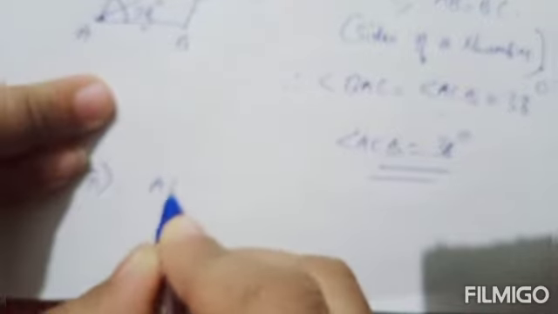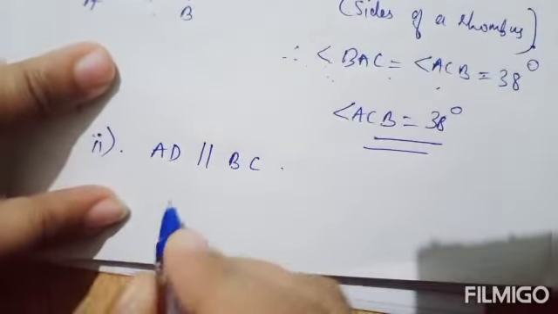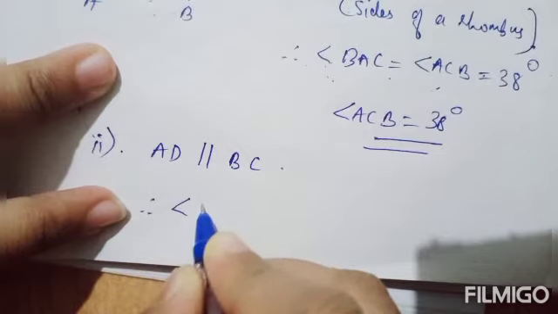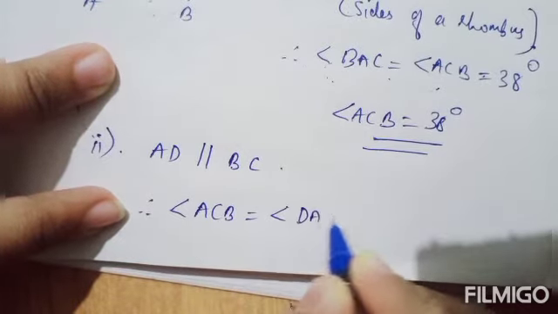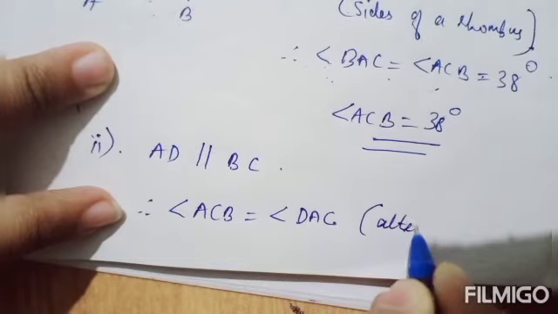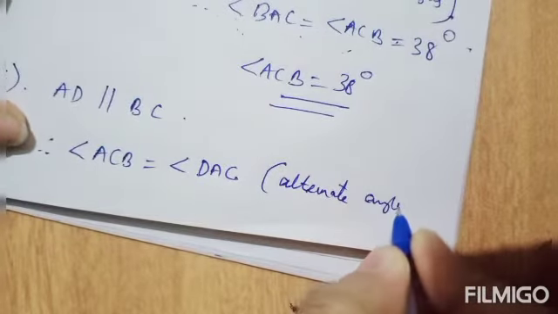Since AD is parallel to BC in a rhombus, therefore angle ACB equals angle DAC. They form a pair of alternate angles.